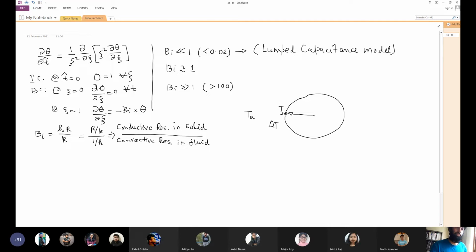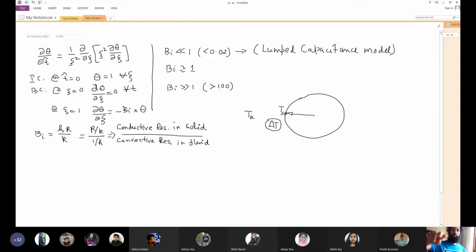Whatever heat is coming, it's transient so it's not exactly the same, but you are removing heat very efficiently. So whatever heat flux is coming, a small temperature gradient here is sufficient to take all the heat. So that means this TA and TS will have very little difference between these two.